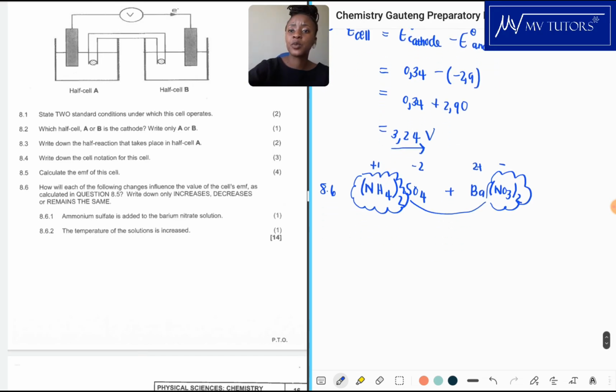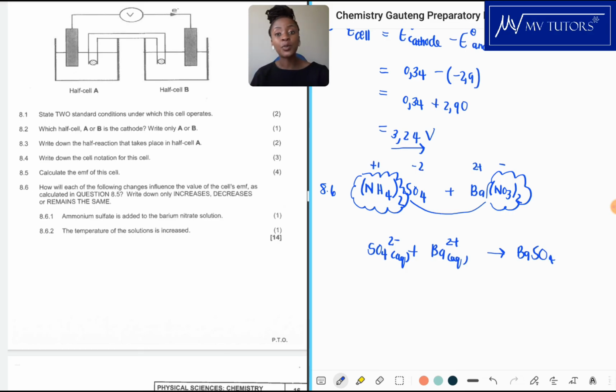Then you'll be left with sulfate, 2 minus, plus your barium, 2 plus. All of that is in aqueous solution, something that I keep forgetting. And that would result in barium sulfate, which is an insoluble product. So it would form a solid, which would just settle to the ground.